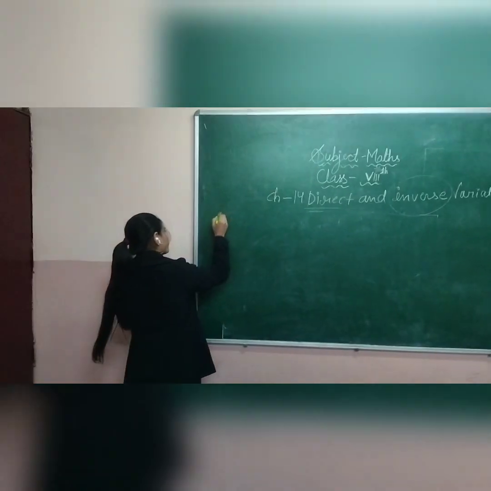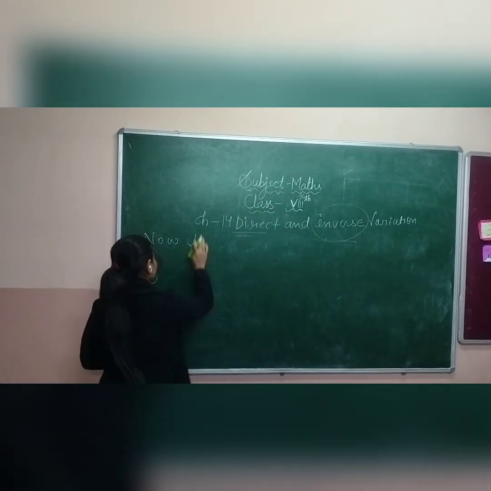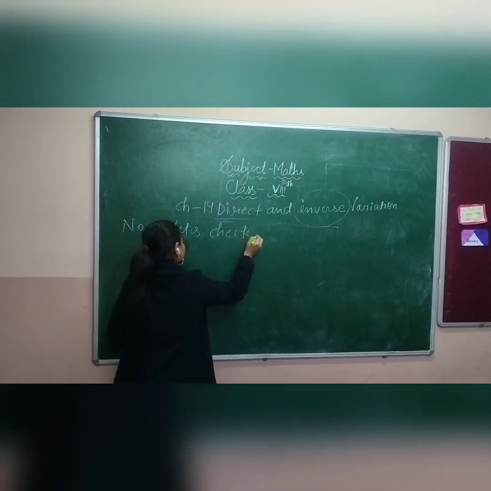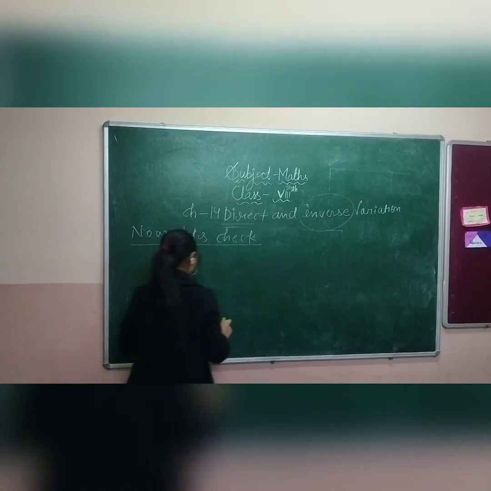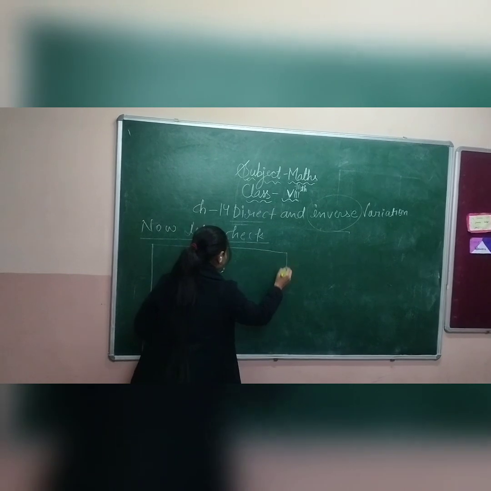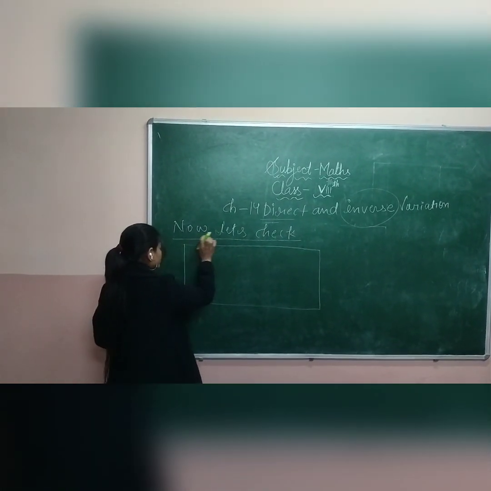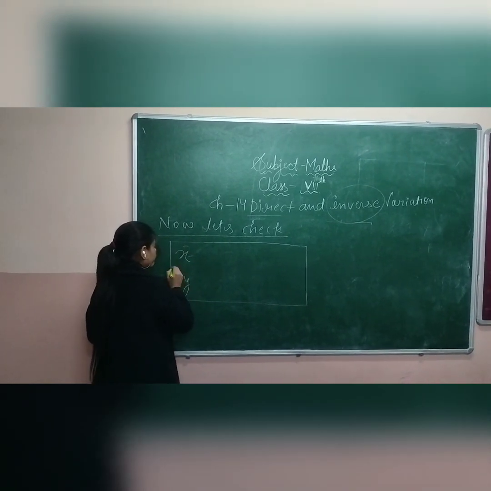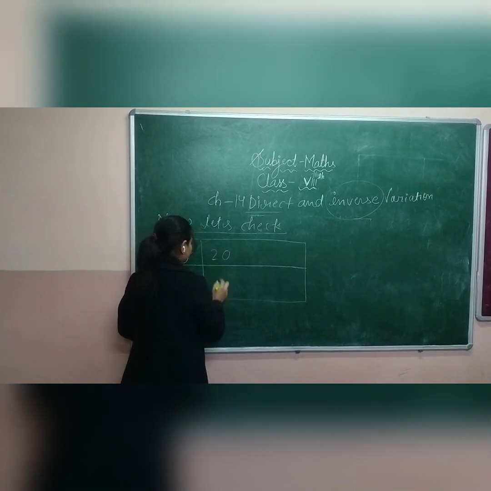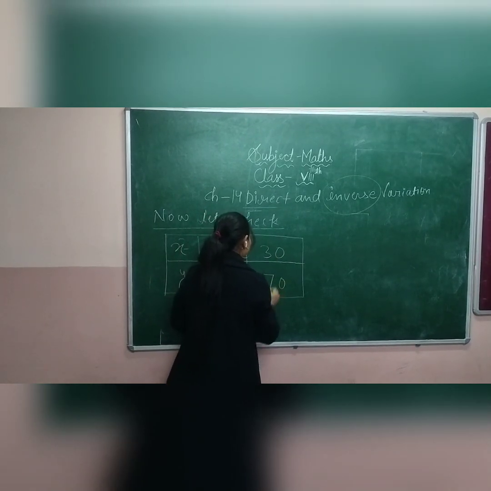Okay, now let's check. The table and the data given here is x and y: 20, 15, 30, 17.